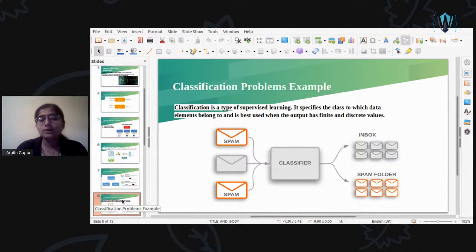Here again, how is it a classification problem? Obviously it is, because it has two classes, spam or not spam. If it is spam, it would go into the spam folder, and if it is not spam, it would be in your inbox probably. So one of the examples of classification problems is this email spam classification.